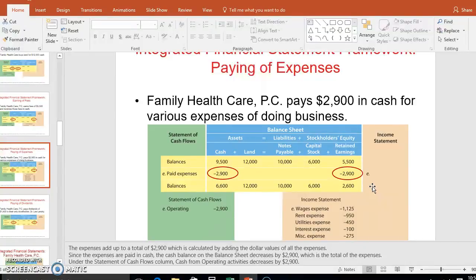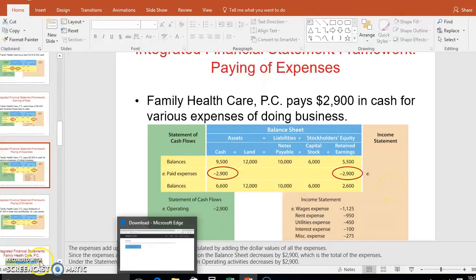What did you pay for? You paid for expenses. So expenses fall under that equity umbrella and it decreases equity. So you're going to go down on your asset side and you're going to go down on your equity side so that the accounting equation still balances. Oh, and I guess this is the breakdown: the wages, the rent, the utilities, the interest, and miscellaneous. Okay.